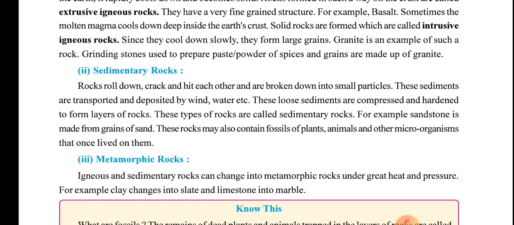These sediments are transported and deposited by wind, water, etc. These loose sediments are compressed and hardened to form layers of rocks. These types of rocks are called sedimentary rocks. For example, sandstone is made up of grains of sand. These rocks may also contain fossils of plants, animals, and other microorganisms that once lived on them.